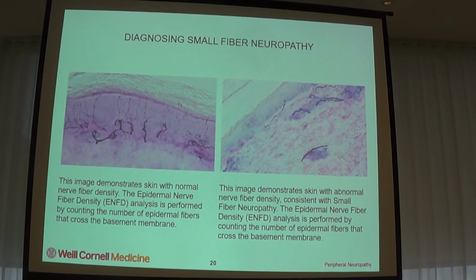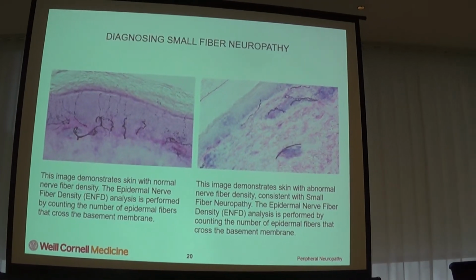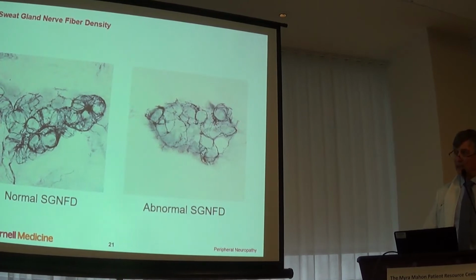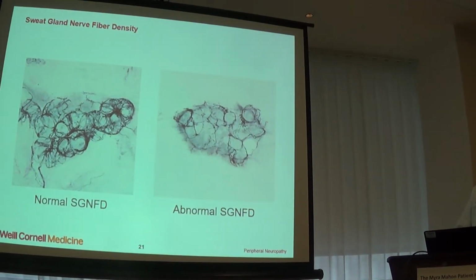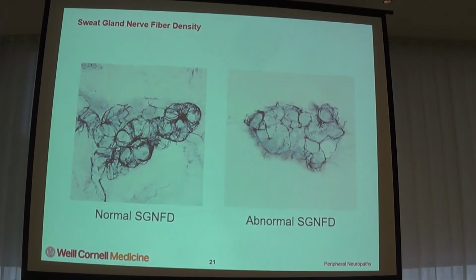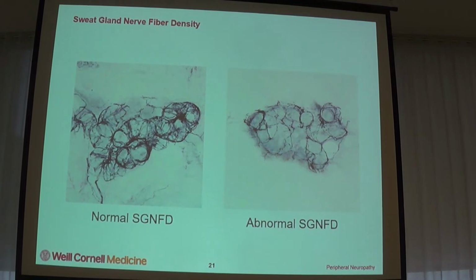And that's only done if the EMG nerve conduction studies are normal. If they're abnormal, then you don't need a skin biopsy to make a diagnosis. The skin biopsy doesn't really tell you what the cause is, just whether you have a neuropathy or not. And this, again, is looking at sweat glands, the small fibers in sweat glands. On the left is a normal sweat gland. On the right, you can see there are a lot fewer fibers.